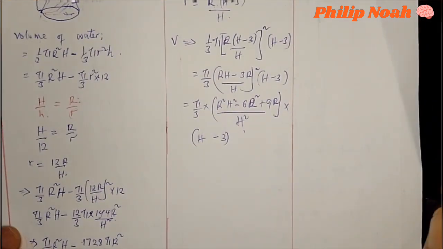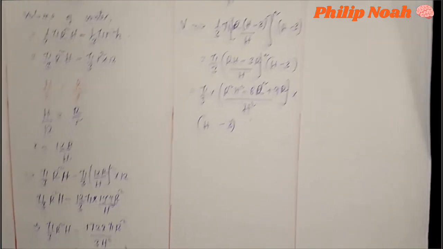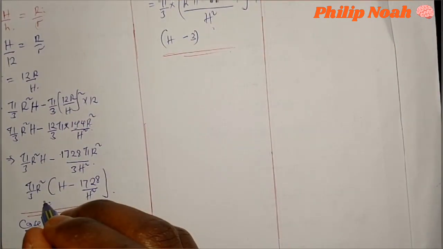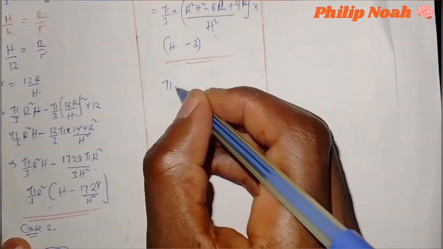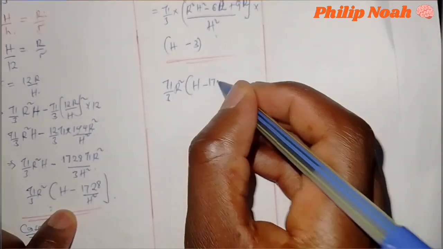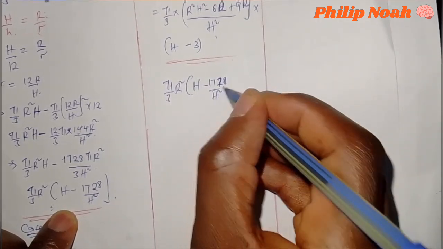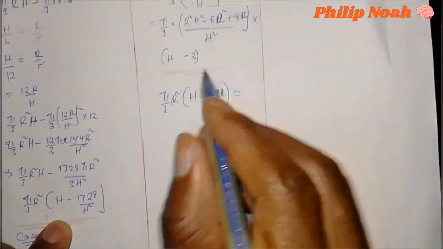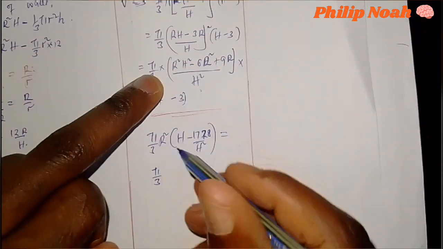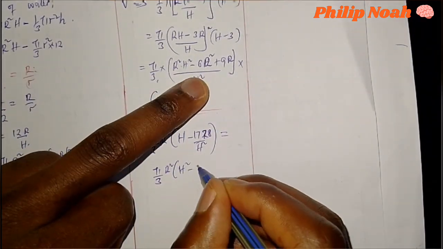So we shall equate the two expressions, the two volumes, and we shall say that pi over 3 r squared into (h minus 1728 over h squared) is equal to this pi over 3 r squared into h squared minus 6.